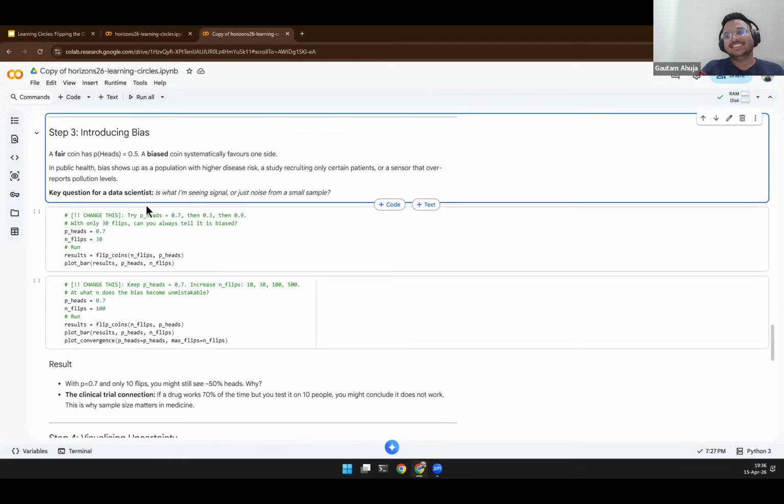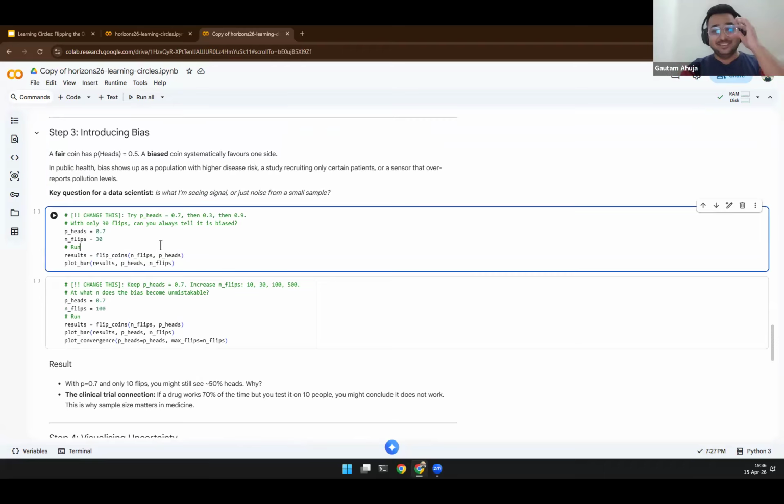Before we get to the point where we quantify that uncertainty, or how many times I need to flip, I think first we'll quickly cover what a bias essentially is. You can think of the same coin, but it is now weighted on one side. It's heavy on the one side, so it tends to land on that one side more.